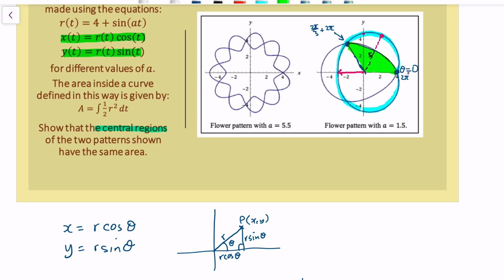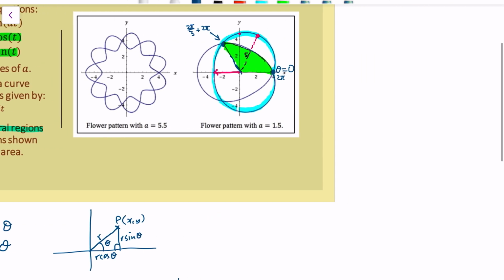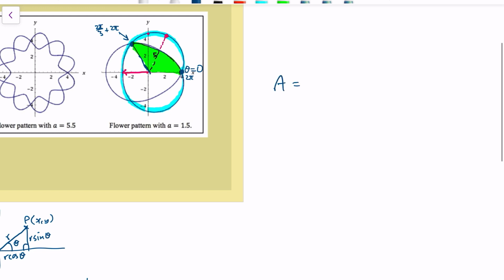We're not integrating below a curve. When we use this area formula, half r squared d theta, it's about time I explain what that actually does. It's area when we're in polar coordinates.